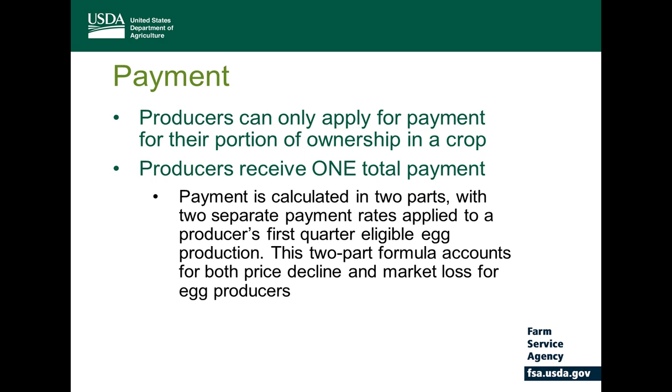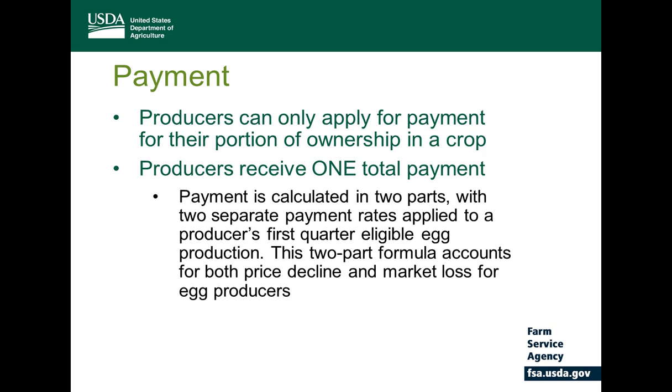For the payment, the producer can only apply for one payment, or only for their portion of the crop, and they get one payment. The payment rates, which aren't listed in this presentation, are on the farmers.gov/CFAP/eggs.